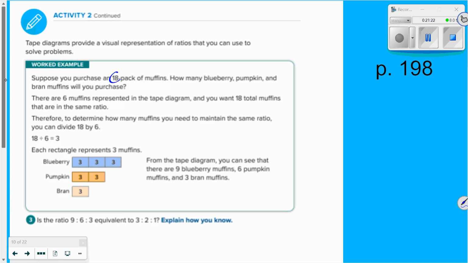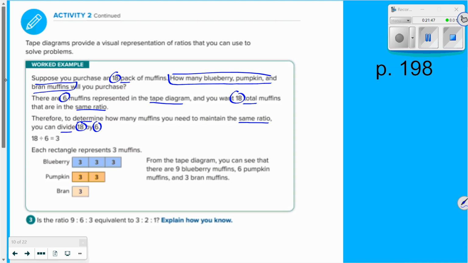What if I did an 18 pack of muffins? How many blueberry, pumpkin, bran muffins will be purchased?